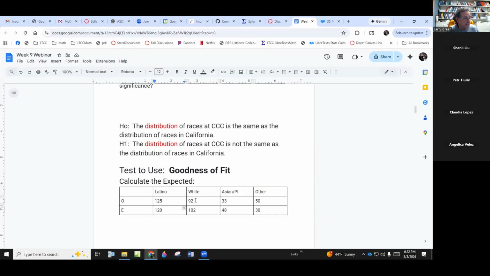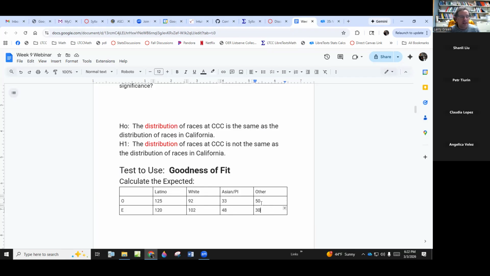Okay. You could also look at 92 versus 102, 33 versus 48, 50 versus 30. They're all different, but are they different enough? What the chi-squared test does is it does a calculation to find the probability that, if the racial population of all California community college students was the same as California, what would be the probability of getting these differences that we got?